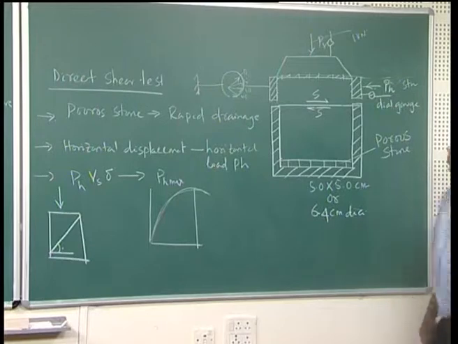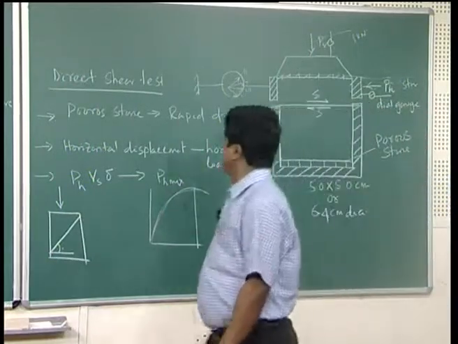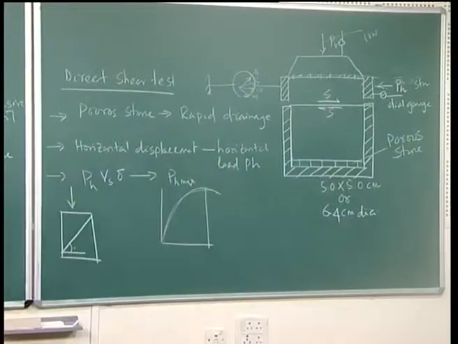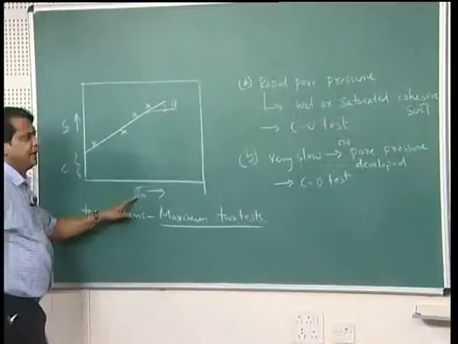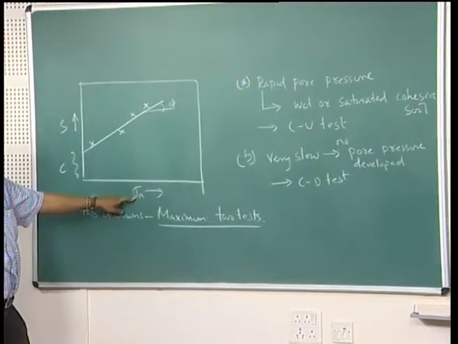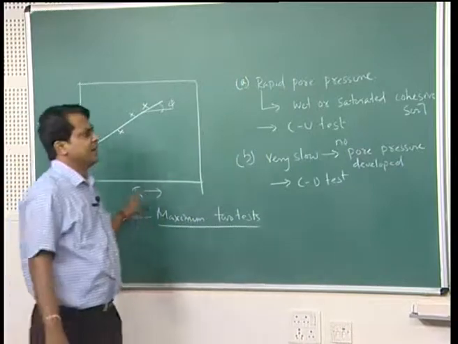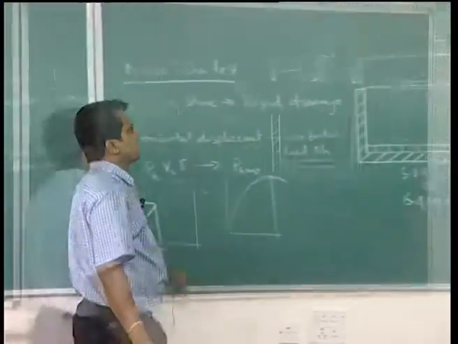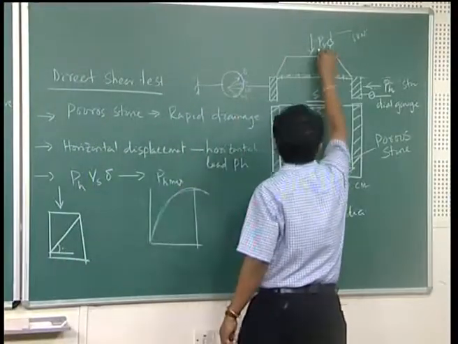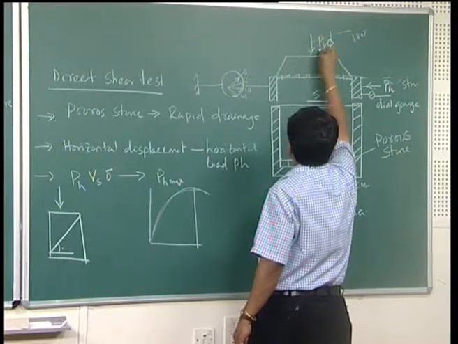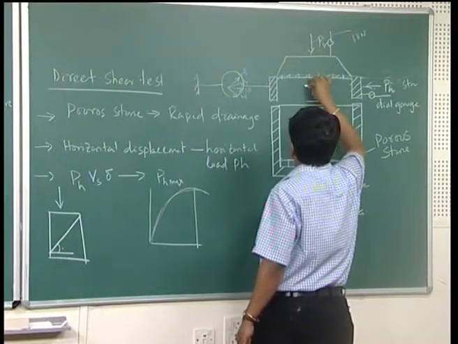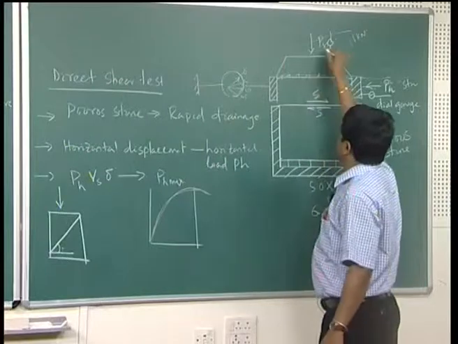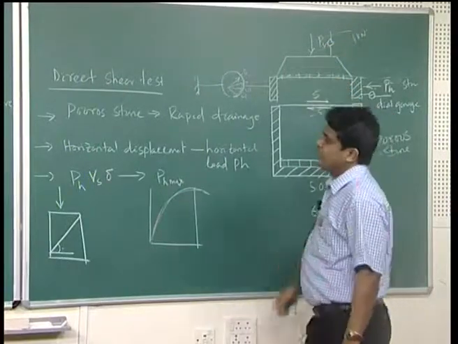Then what are the conditions, how do you get it? For each normal load or normal stress, how do you get it? From PV, the vertical load, divided by the area, that is the normal stress you are getting.